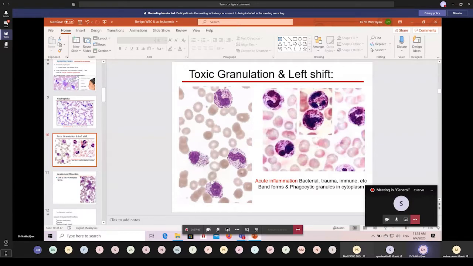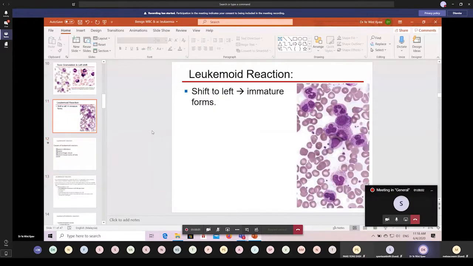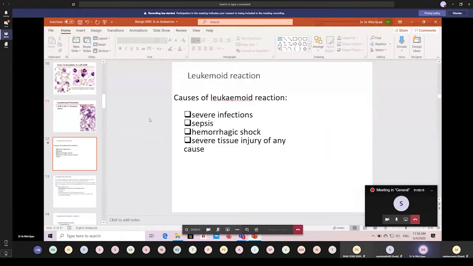And left shift means you can see band forms, immature forms of neutrophil. So leukemoid reaction means not leukemia. It means a leukemia-like reaction, with shift to the left, immature forms seen in the blood film. Causes of leukemoid reaction.